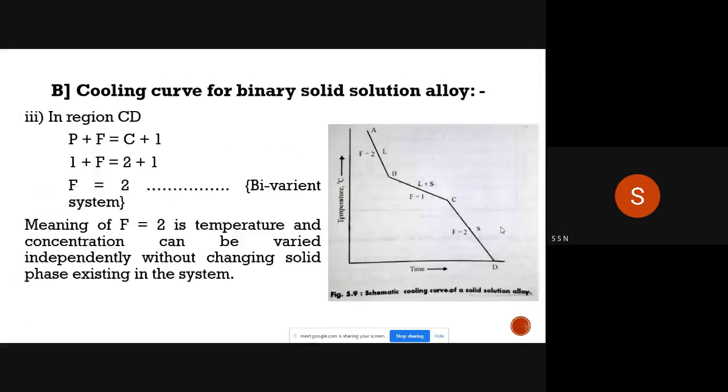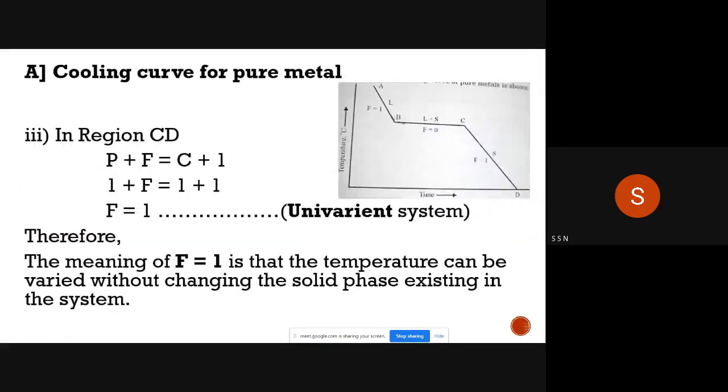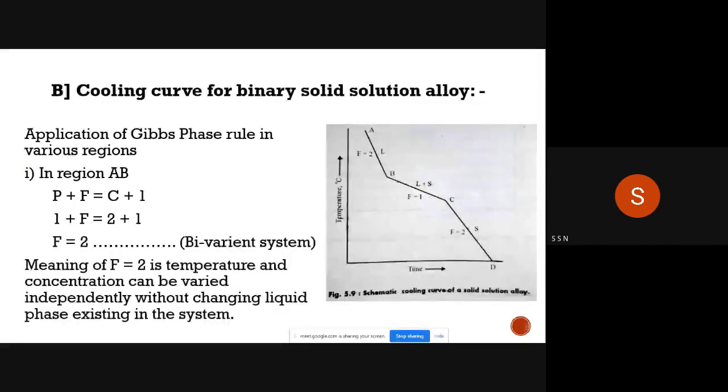For pure metals we have seen, for the A to B curve, one phase. For B to C, two phases. For C to D, again one phase. Then we have seen the cooling curve for a binary solid solution alloy. That means only an alloy you can consider, having a mixture of two metals. The diagram is: A to B liquid phase, B to C liquid plus solid phase, but the temperature is not constant.